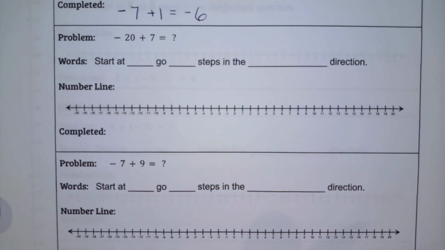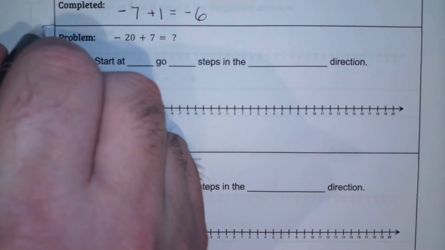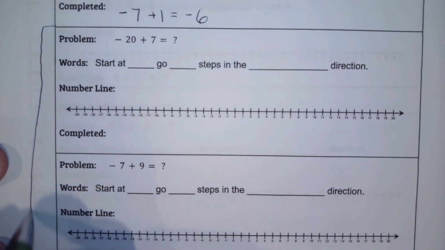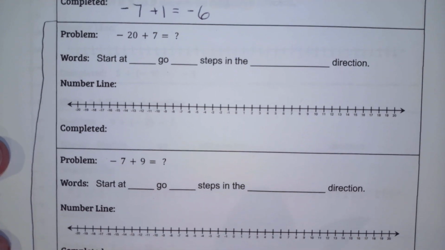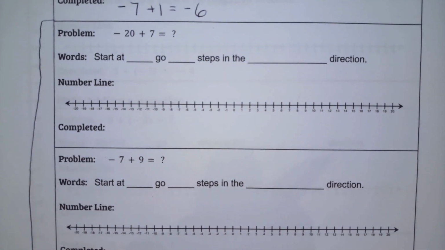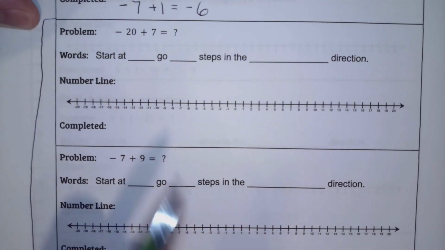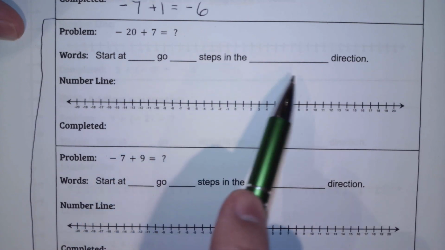Next, you're going to do the next two problems on your own. So either put a star next to them or draw a bracket around them. You can either pause the video now and do those problems, or you can wait until the video is over and do them then. But you're going to do these two problems. You'll need to fill in the blanks.